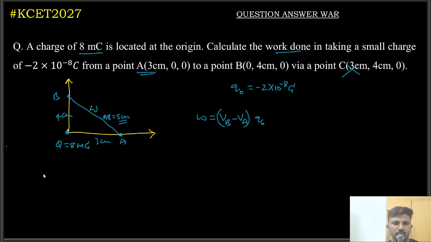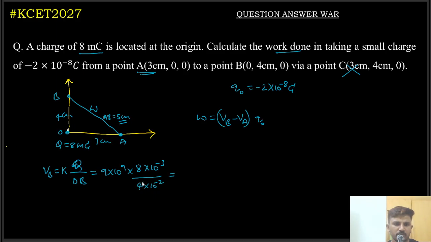Let us find VA and VB. VB is KQ by OB, considering this origin as O. K is 9 into 10 to the power 9, capital Q is 8 millicoulomb, divided by the distance, 4 centimeter.